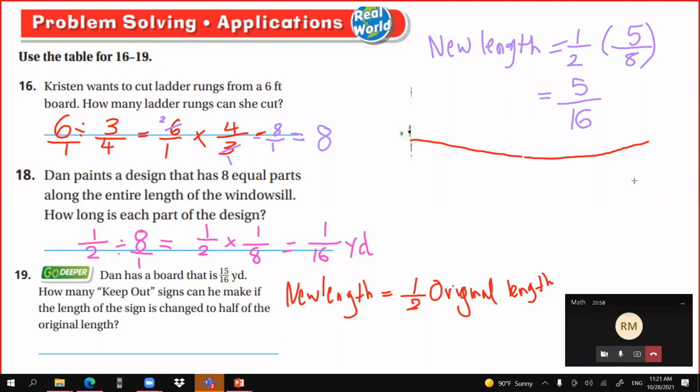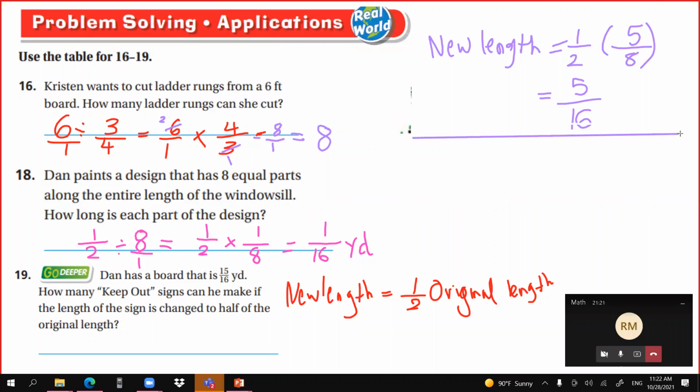You have a board and its length, you bring a board, okay? And its length is 15 over 16. You want to cut it into pieces. Each piece is 5 over 16. So how many pieces can you make? To divide, bravo.